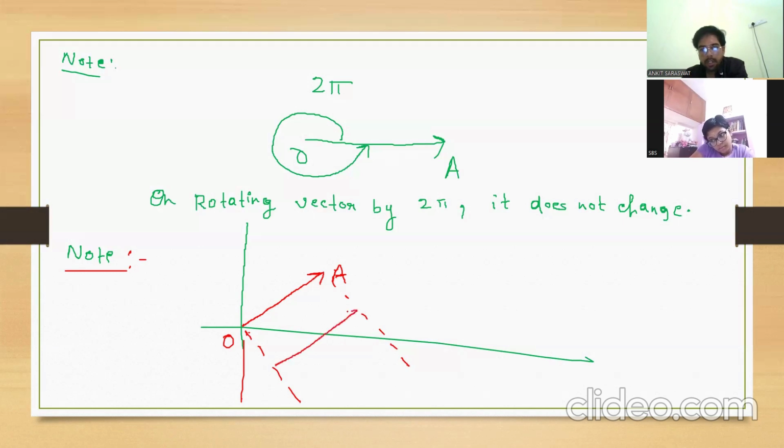You can draw this vector like this and translate it parallelly. But make sure the angle with the horizontal always remains the same. Direction and magnitude must be the same.